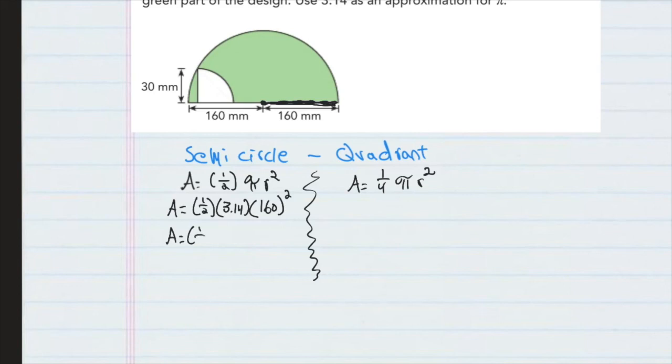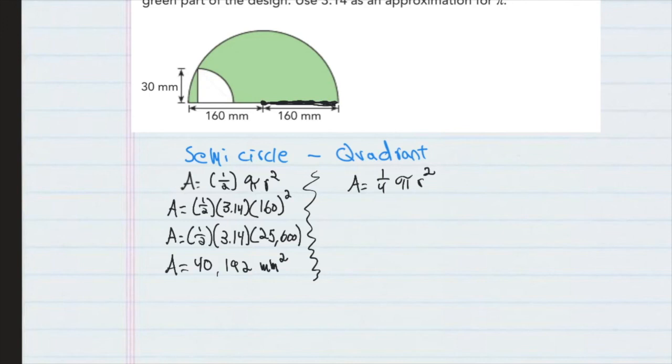So we've got 1/2 times 3.14. And then 160 squared is 25,600. And we multiply all of those numbers together, and we get approximately 40,192. And that's millimeters squared.